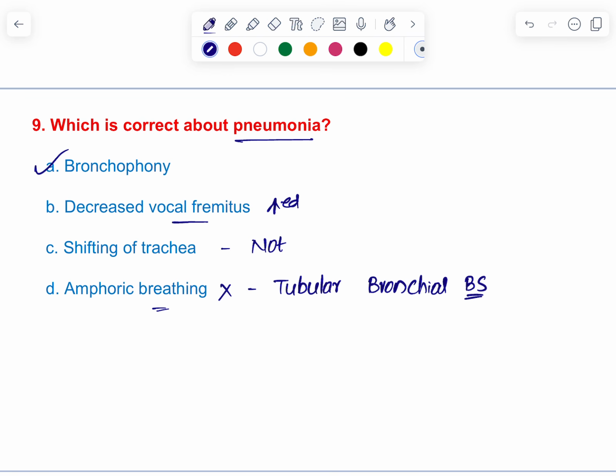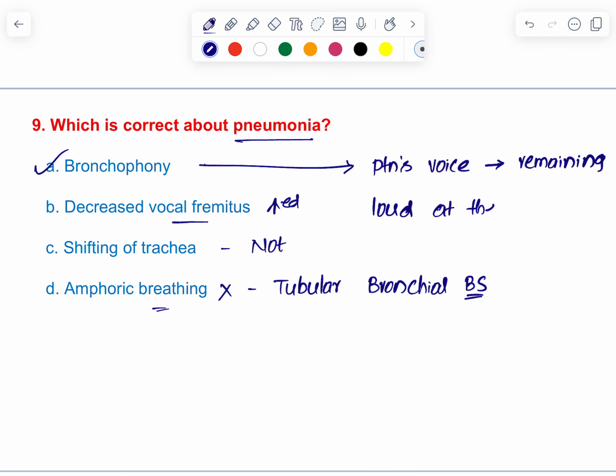And you take bronchophony. What is bronchophony? Bronchophony is the phenomenon of the patient's voice remaining loud at the periphery of the lung.